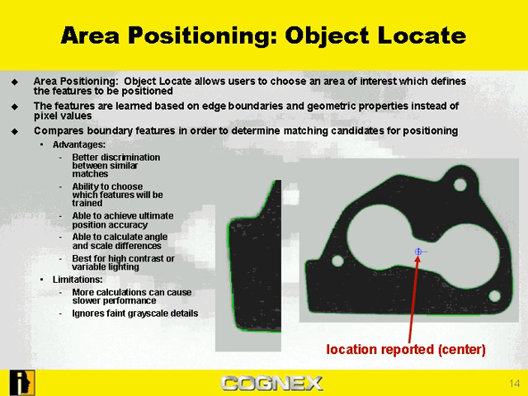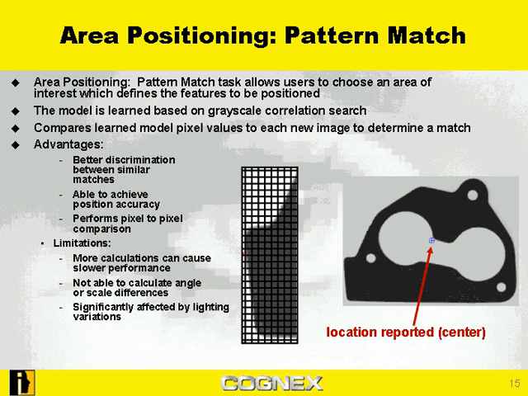So again, it is less susceptible to lighting changes. So it's good when you have good contrast or when you have crisp edges like this. It may run a little bit slower than the edge tools, like the Find Along line, but it's still a very fast positioning tool.